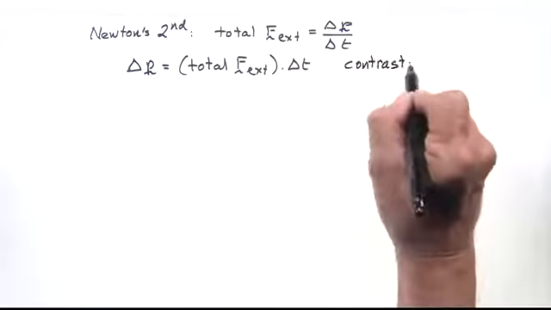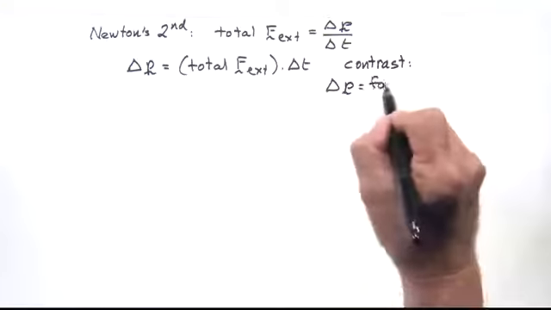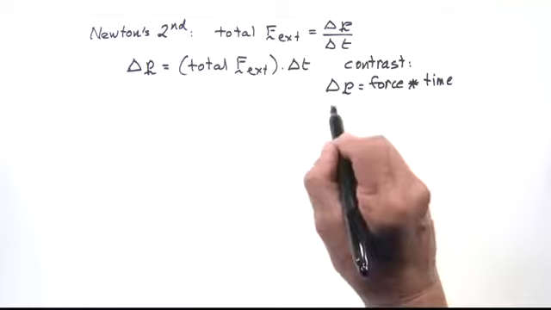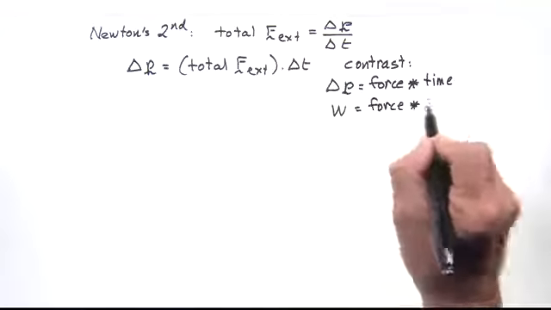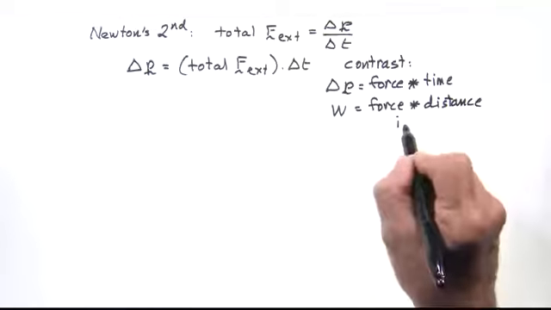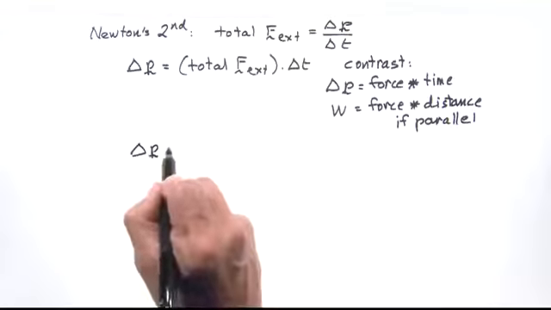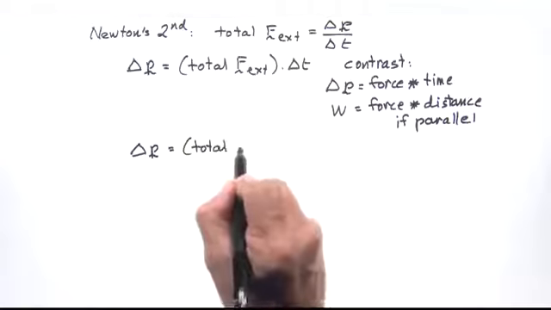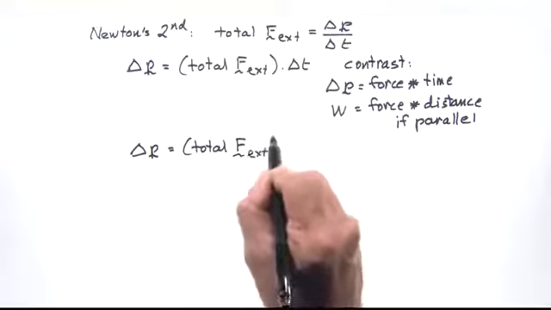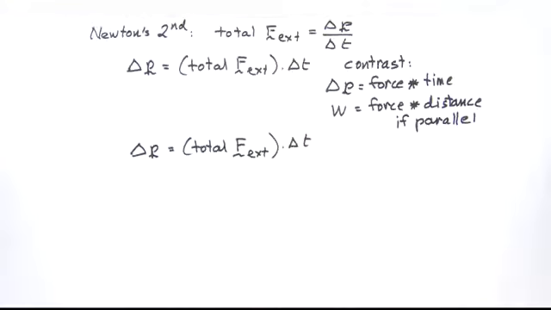By the way, you should remember that change in momentum is force times time, and contrast that with work, which is force times distance, if they're parallel. But back to our equation. Change in momentum equals total external force times the time over which it acts.